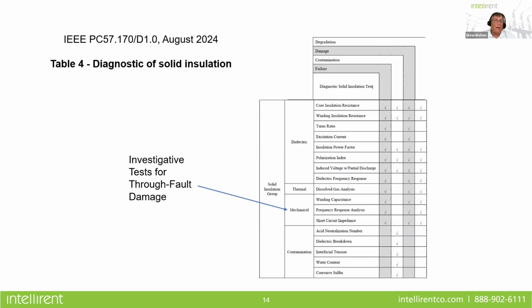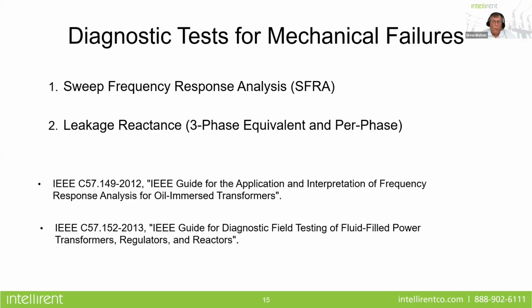This comes out of IEEE PC57.170, which is part of the diagnostics of solid insulation. So we'll talk about two tests to actually look for mechanical damage caused by through faults: one is, again, SFRA, the one we're most commonly familiar with in the industry, and then we'll also talk about leakage reactance.